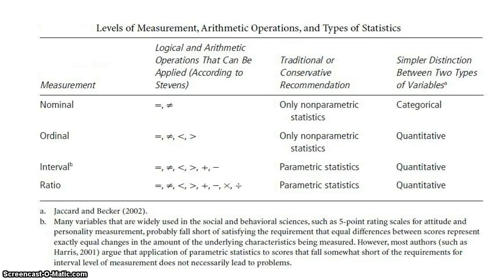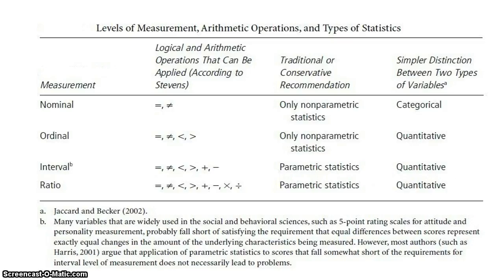Okay, so if you look here, nominal data that you can perform arithmetic will be whether equal or non-equal. Only non-parametric statistic can be done, and it is categorical.